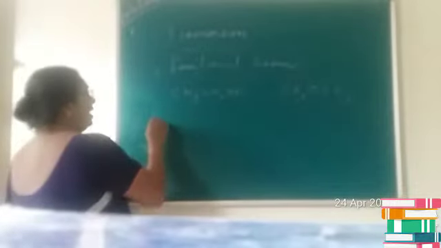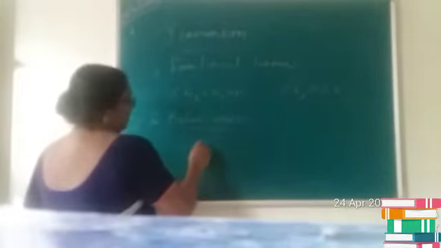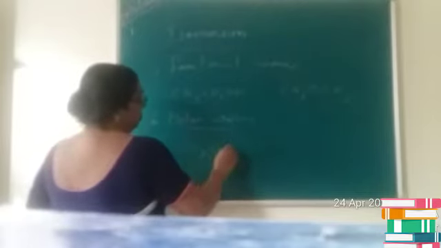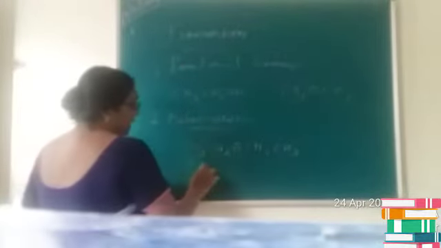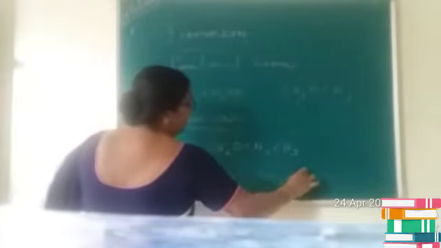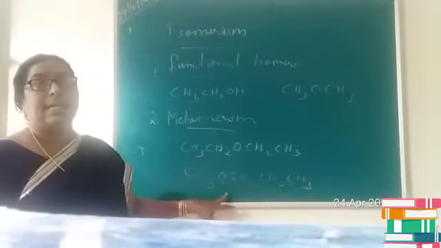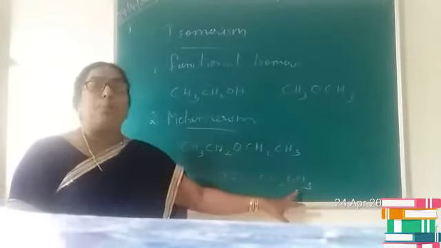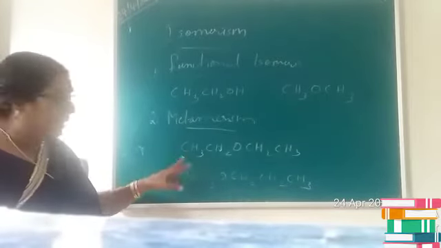The second type of isomerism possessed by ether is termed metamerism. In this case, if you consider CH3CH2OCH2CH3, the metamer of this compound we can consider as CH3OCH2CH2CH3. The first one is ethoxyethane and the second one is methoxypropane. But both of them possess the same molecular formula. Is it clear?